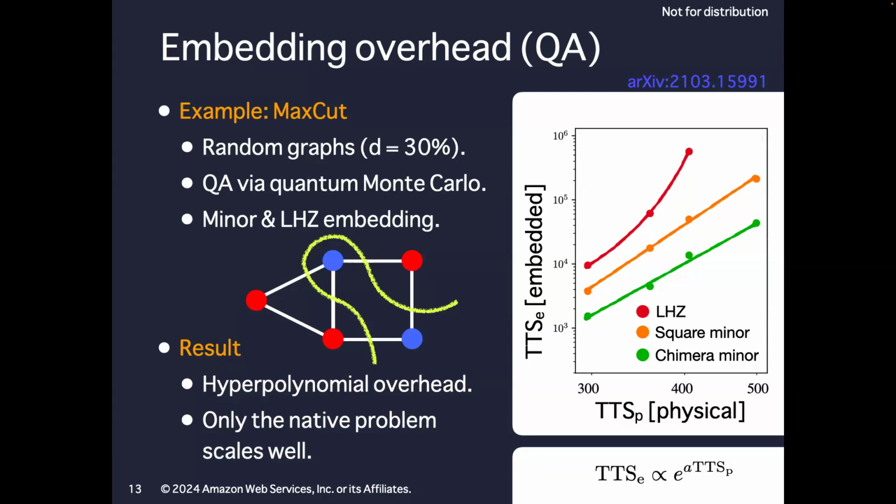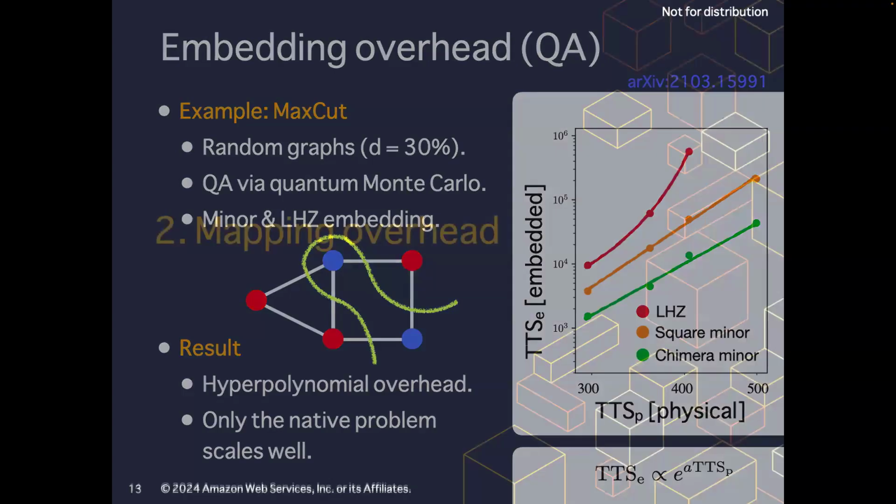We need to figure out a way to solve this. The easiest way is to focus either on problems that are natively on the topology of the system or come up with better embedding schemes. So the first message of this talk is we need to think very heavily about how to effectively embed problems so that we can tackle them with quantum annealing devices or algorithms.